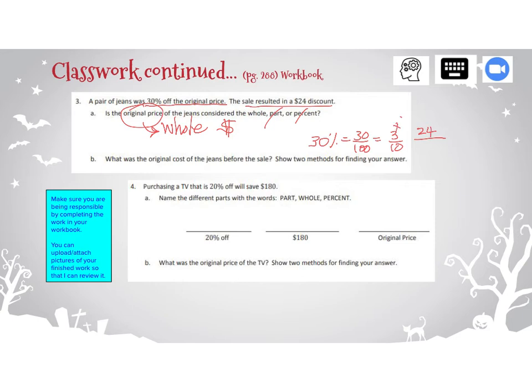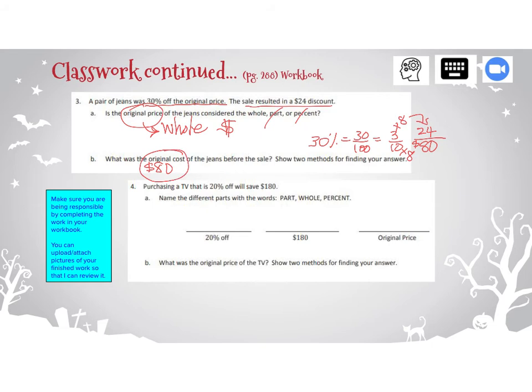So I'm going to multiply 3 by 8 to get 24. So that means I multiply the 10 by 8 to get the original price. So the original price is 80 buckaroos. $80 is the original price.